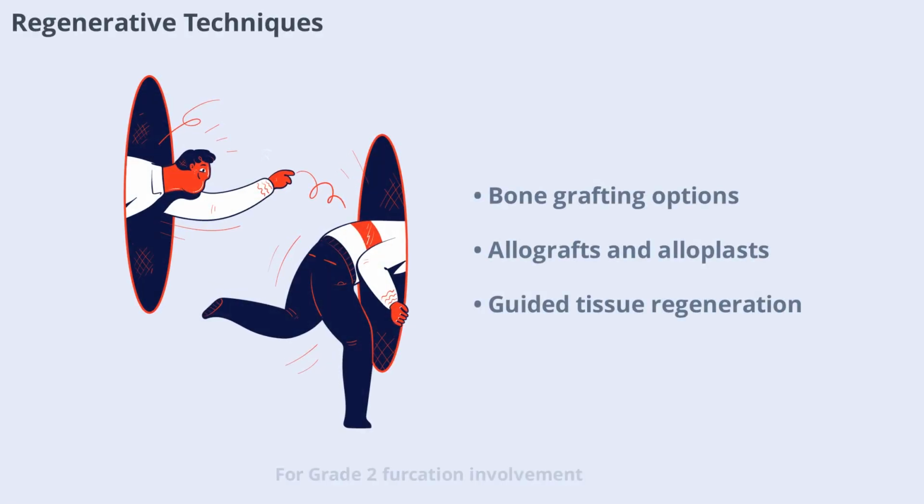For Grade 2 furcation involvement, regenerative and reconstructive procedures offer hope for restoring lost periodontal structures. Techniques include autogenous bone grafting, such as osseous coagulum or bone blend, and the use of allografts, like freeze-dried bone.